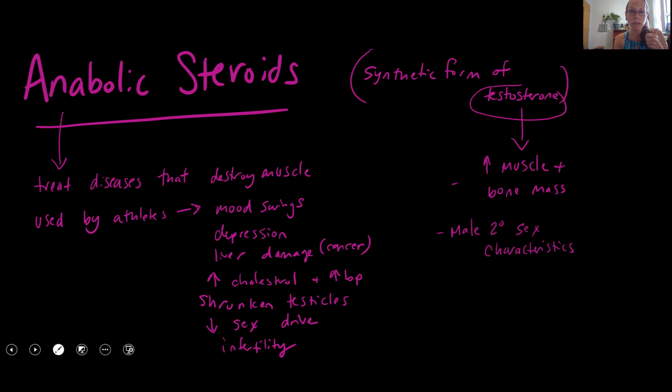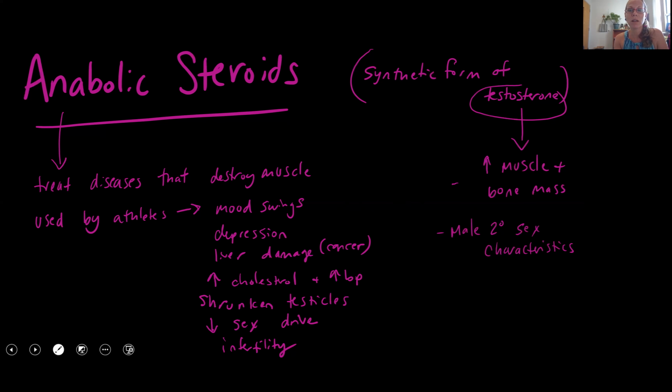If you're abusing the anabolic steroid, there are lots of different risks associated with that. So things that you've heard of before, like roid rage, dramatic mood swings, it can trigger depression. It can also lead to liver damage or liver cancer. You can also see an increase in your cholesterol production. You can also see an increase in your blood pressure.